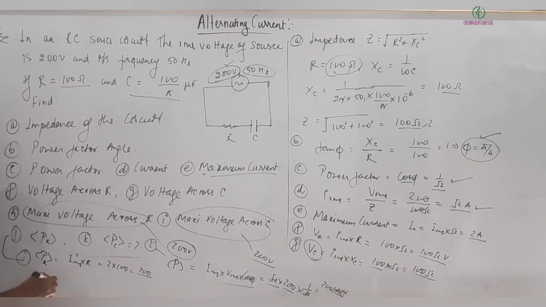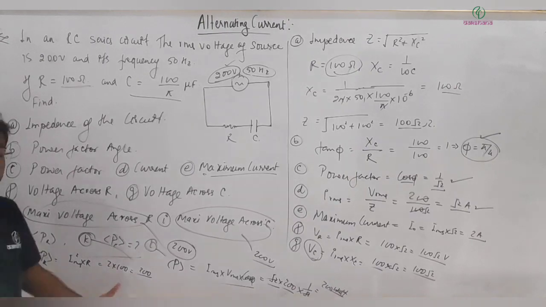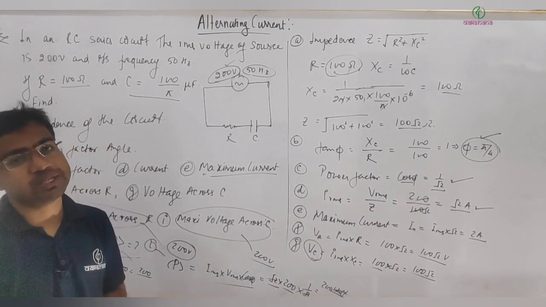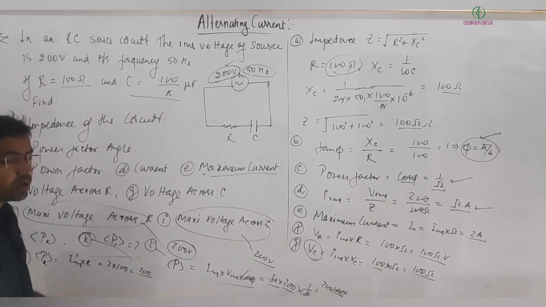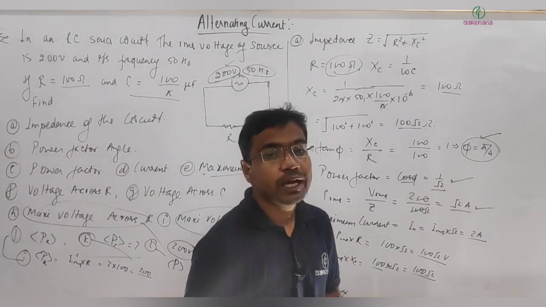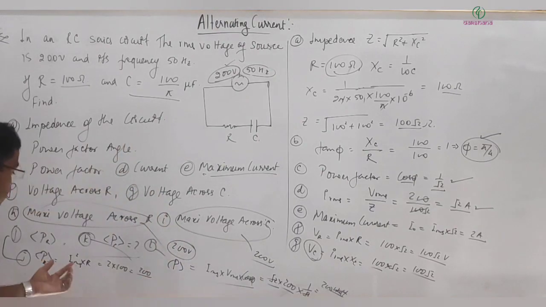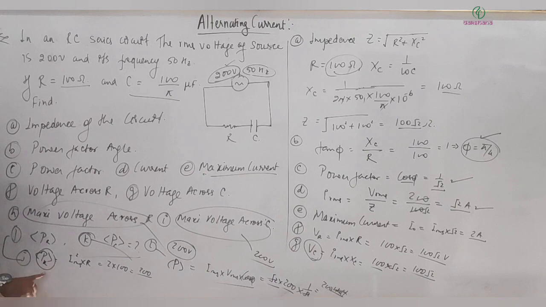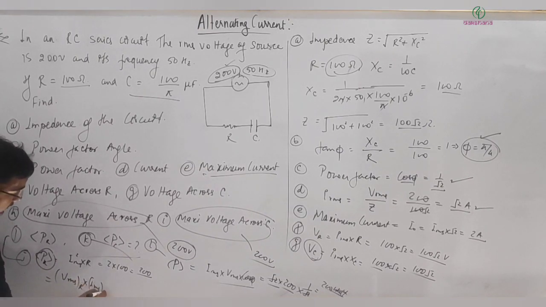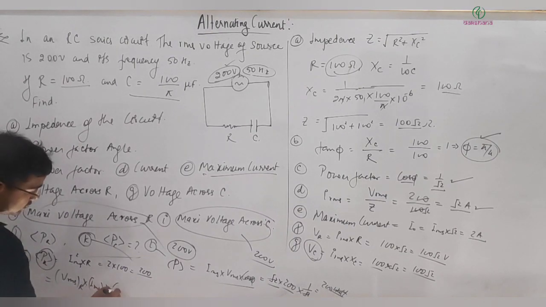And what about PC, average power? You should keep in mind that average power across capacitor is 0. One more thing here, you can calculate it this way. Average power across resistor will also be equal to V RMS across resistor multiplied by I RMS across resistor multiplied by cos phi.